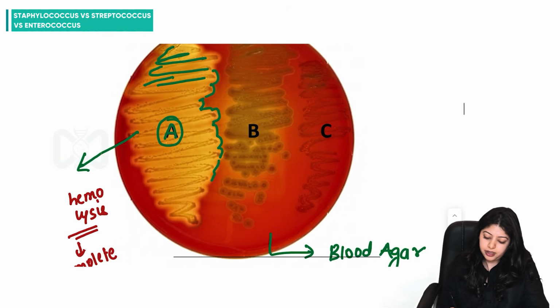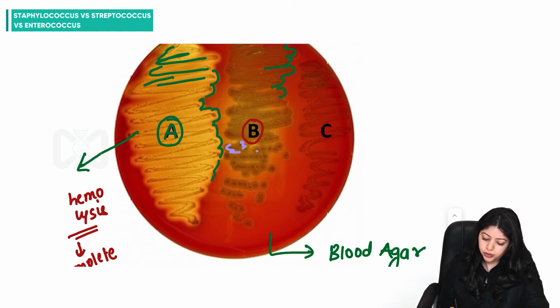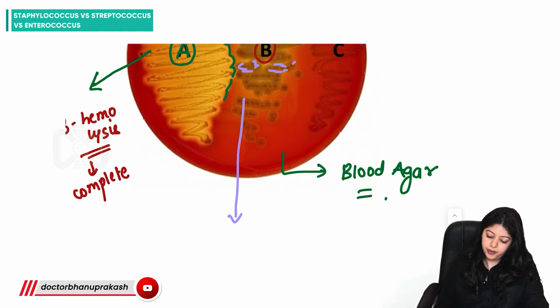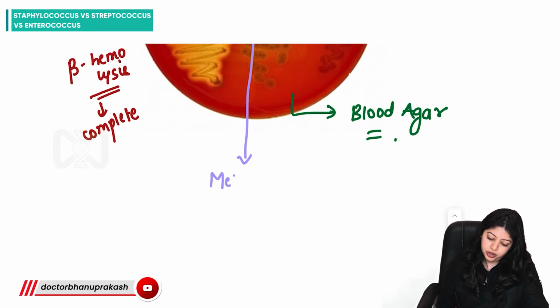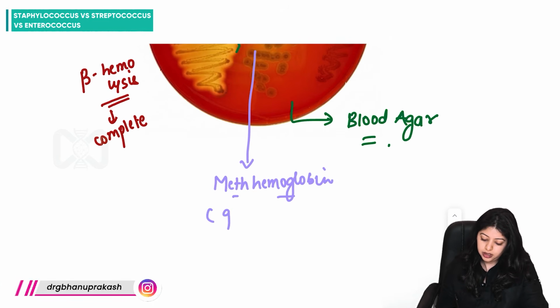And in the next part, hemolysis is present, but that is not complete, that is partial. And are we able to appreciate this greenish discoloration around the colonies? This is because of the accumulation of biliverdin. So this greenish discoloration is present.